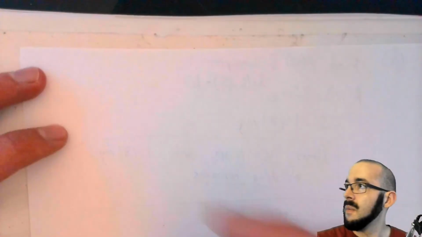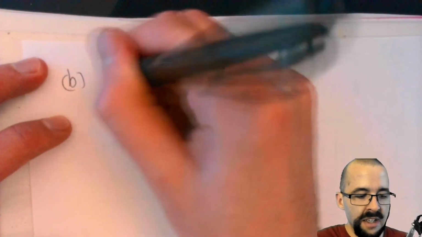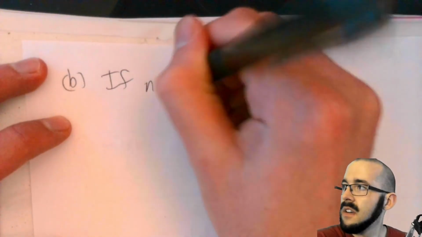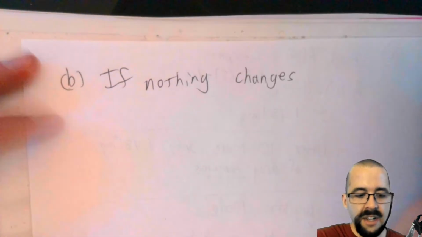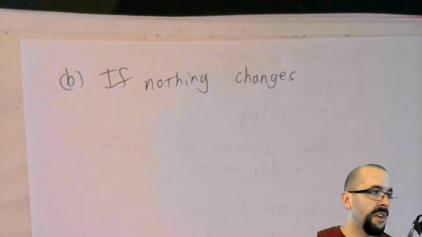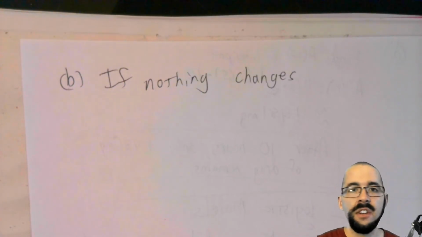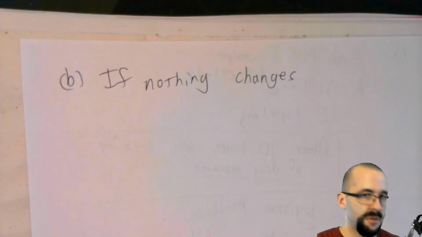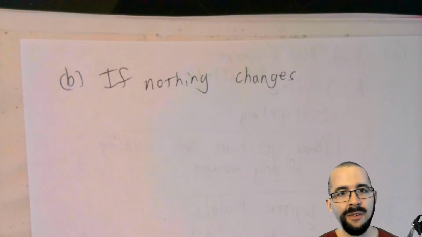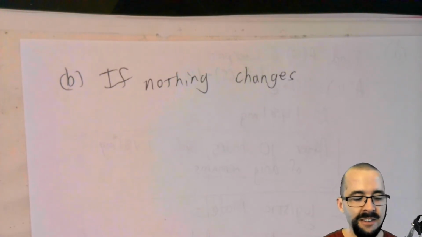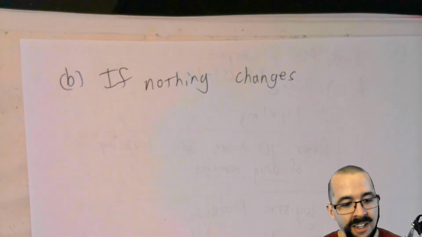Okay, so going to be part B. Part B is going to be if nothing changes, right? So this means, if there's no state shutdown, if people don't social distance, if people are going to large gatherings, throwing giant parties and all this stuff, which is a potential over the holidays.